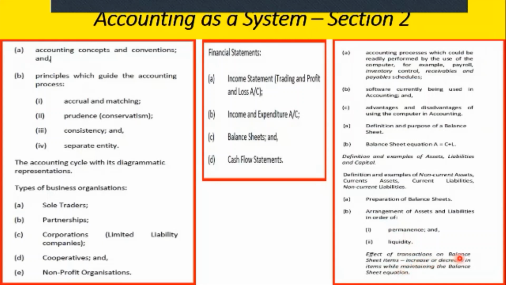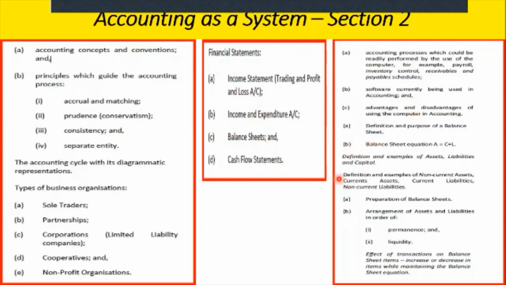Effects of balance sheet items, increase or decrease in items. We know that from our double entry as well. So these here shouldn't be a problem, but basically it's saying we are getting at least a section of a question on accounting as a system. So you have all the items here.